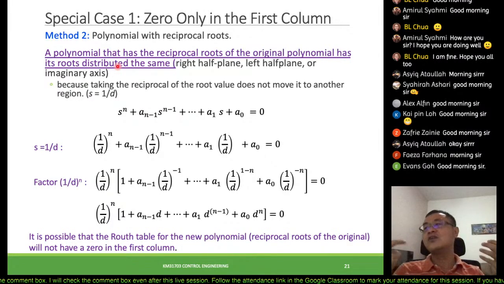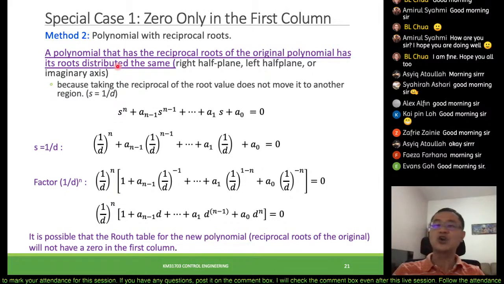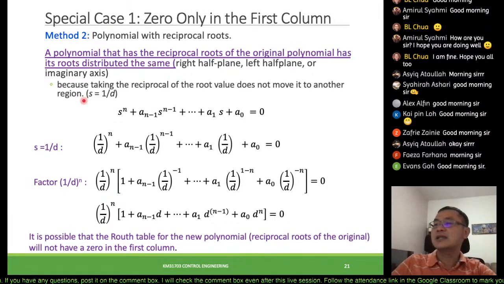Therefore we would use this reciprocal roots to solve our problem when a zero only in the first column occurs. When this condition occurs, here we will take the reciprocal 1 over d, for instance, to replace the s.